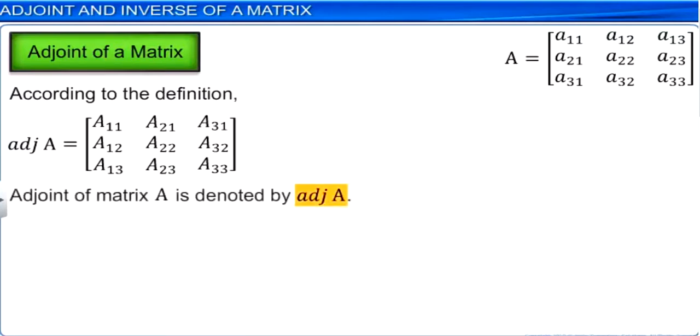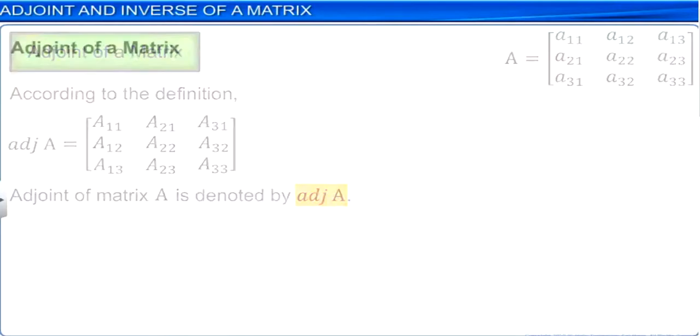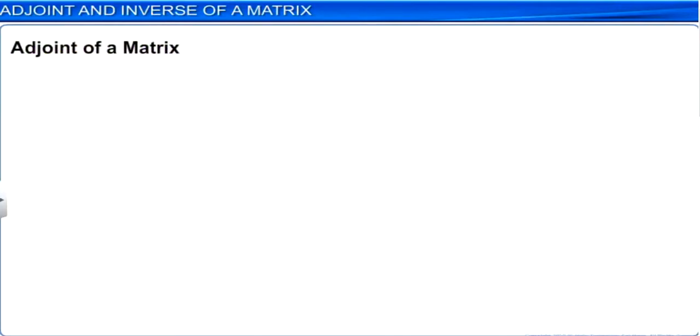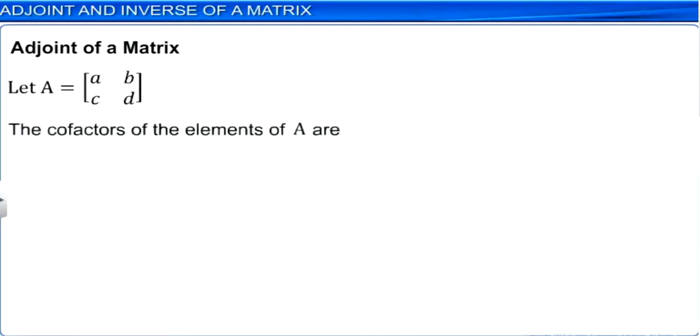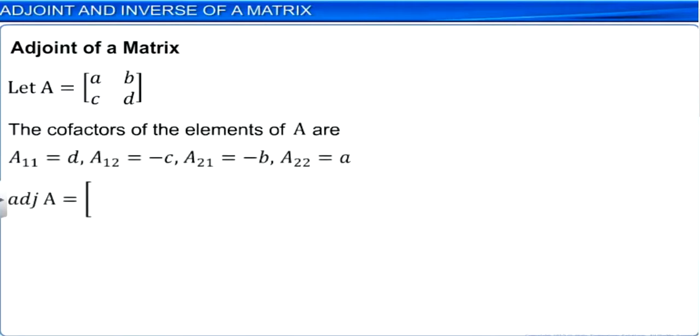Now, let us see how we find the adjoint of a 2x2 square matrix, shown here. First, we find the cofactors of the elements of matrix A, which are as shown. Now, as per the definition, the transpose of the matrix obtained by replacing the elements of a square matrix by the corresponding cofactors is the adjoint of that matrix.